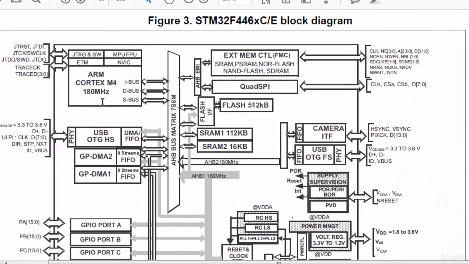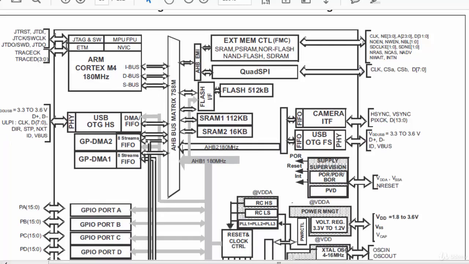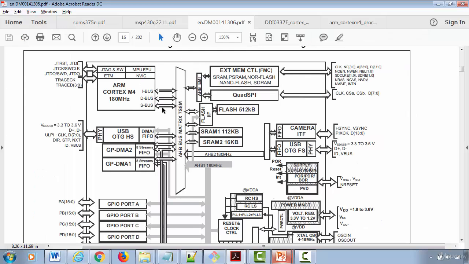So this CPU engine talks to ST's implementation using 3 bus interfaces, I bus, D bus and S bus, which we'll discuss later. Don't worry about that. This is a software IP given by ARM, and the rest of the implementation is done by ST, and they both meet at these bus interfaces.